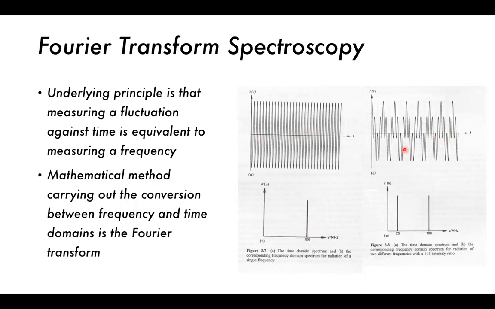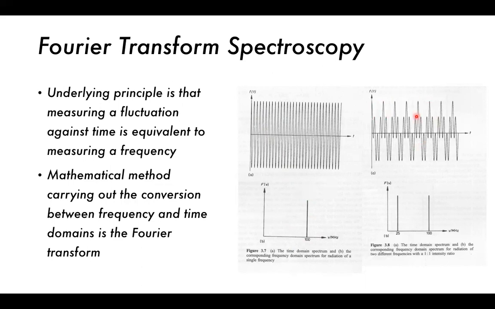What is assumed here is that this time domain spectrum can be converted into a frequency domain spectrum, because this is a series of waves which are characteristic of our molecules' absorbances of the infrared wavelengths. Whenever we decompose this using a Fourier transform, we will obtain a frequency domain spectrum, which will tell us the frequencies which are being absorbed.